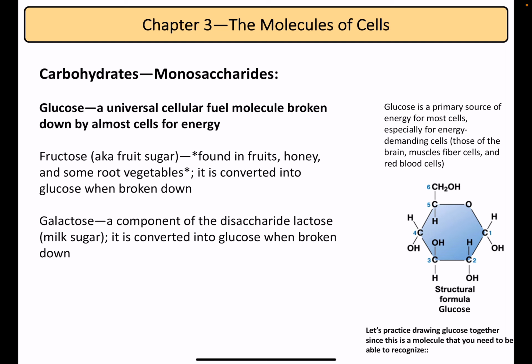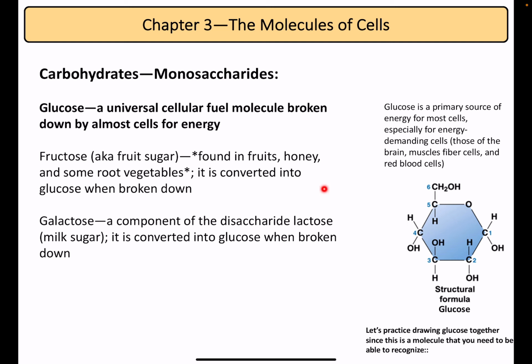For instance, your brain burns a pound of glucose in a day. Your muscle fiber cells use a tremendous amount of glucose. Even if you're not consuming glucose itself, many other foods are, at some point or another, converted into glucose when they are broken down.